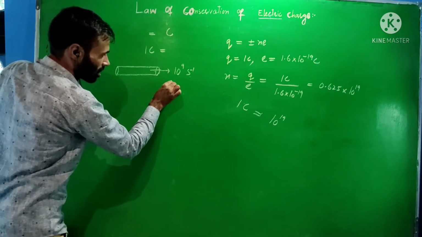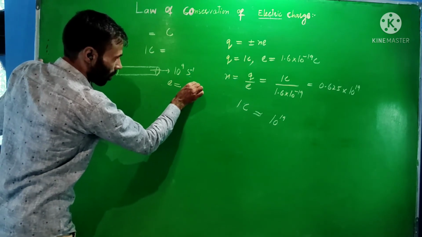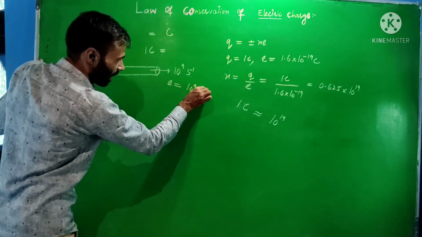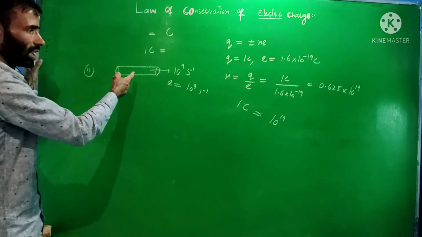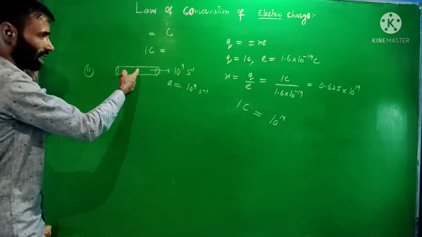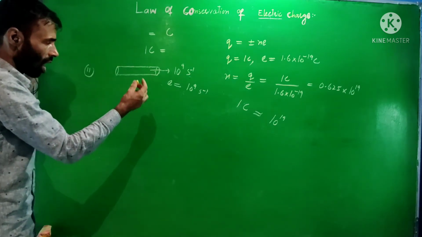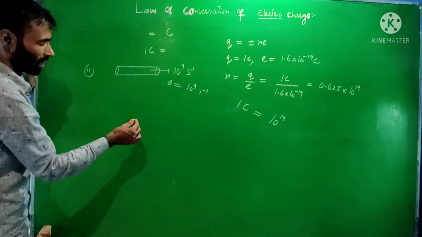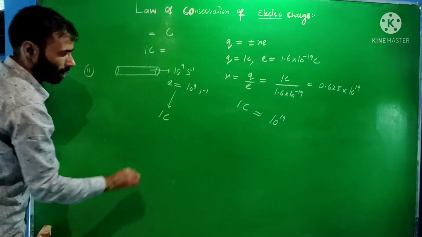Now, if such a number of electrons are ejected by this body, how much time will it take to accumulate a charge of 1 coulomb?